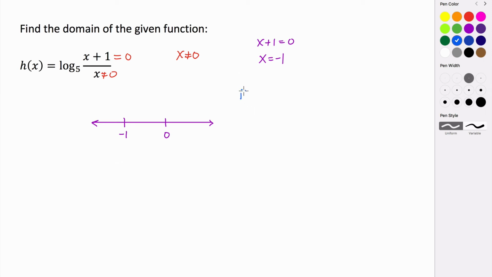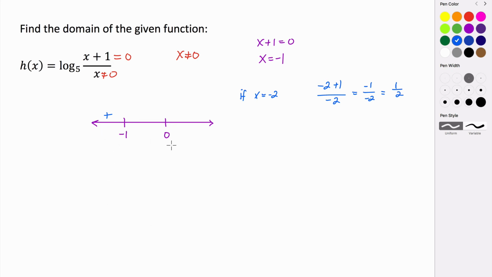So if x is equal to -2, what happens? We have -2 plus 1, all of that divided by -2. -2 plus 1, that's -1, over -2, that's going to be a positive 1/2. So this entire interval is going to be positive.